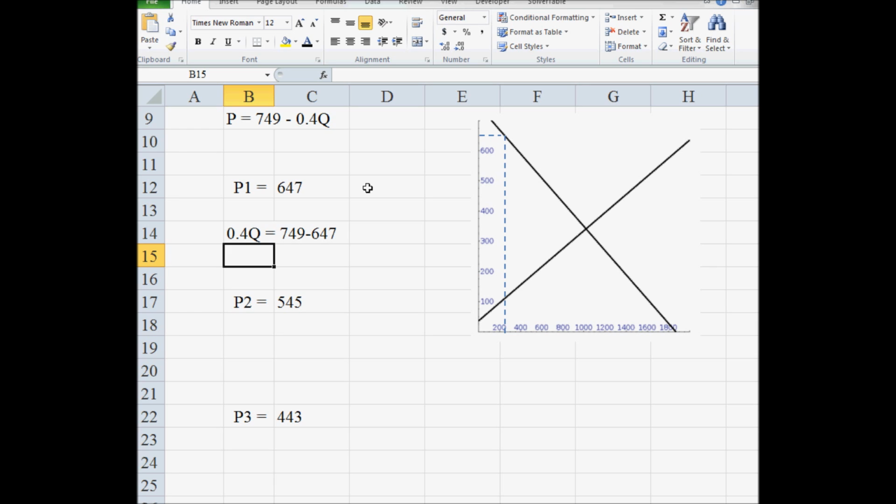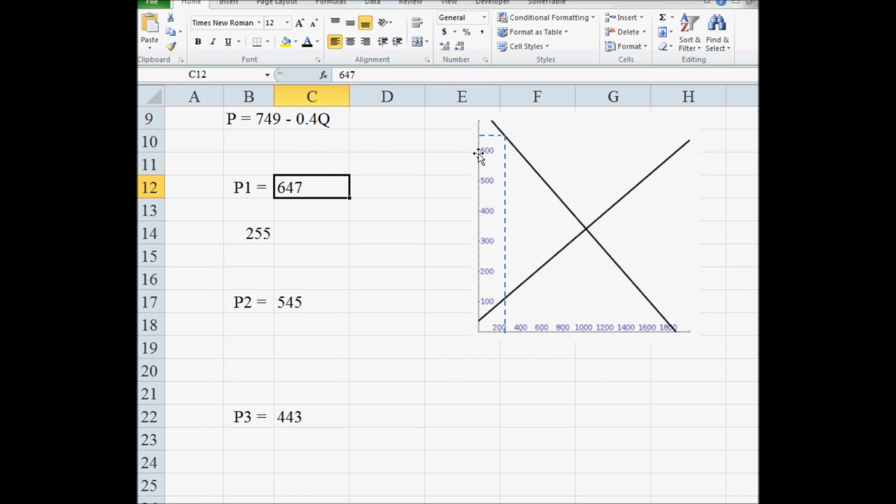Next, I want to divide both sides by 0.4. In Excel, to do the calculation, I have to get rid of the Q here. And I get a quantity of 255.